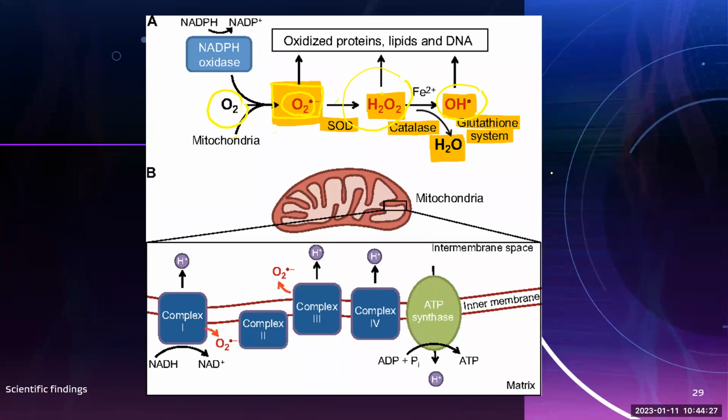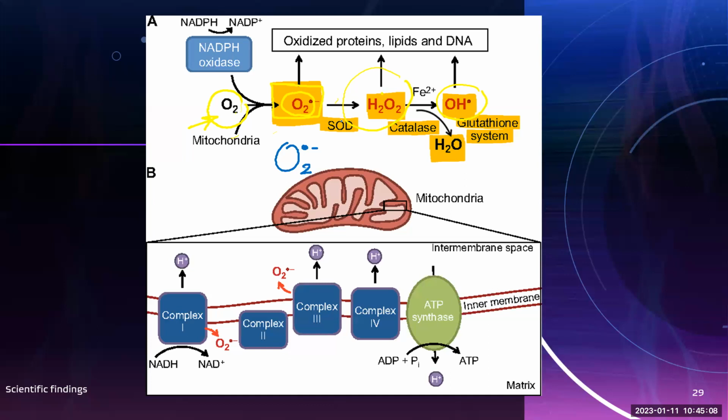Now I use this diagram again to give a little bit of an idea about this oxidative stress. Now you can see the oxygen molecule at this place produces the superoxide anion, and the superoxide anion is written like this, and this can further convert into hydrogen peroxide.